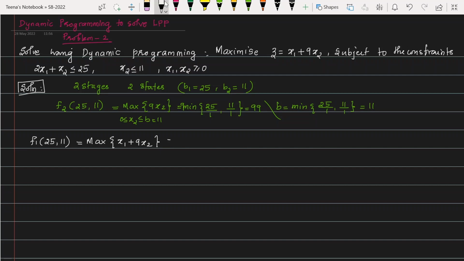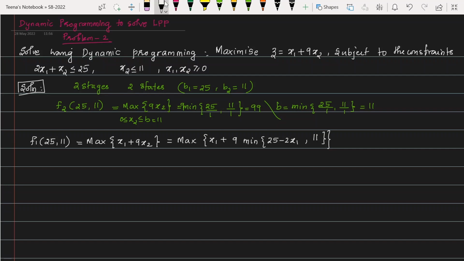We can write this as the maximum of x1 plus 9 into the minimum of 25 minus 2x1. See how x2 can be taken from the first expression: it is 25 minus 2x1, and from the second constraint it is simply 11, because the second constraint does not have any x1.